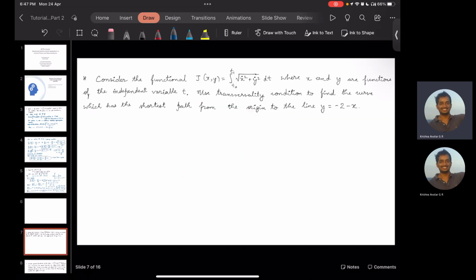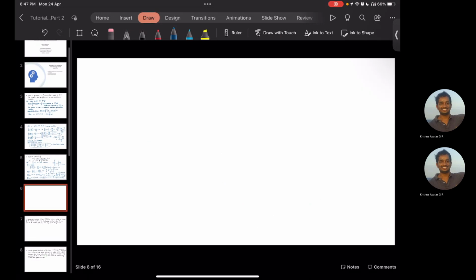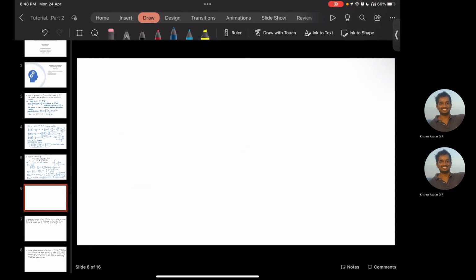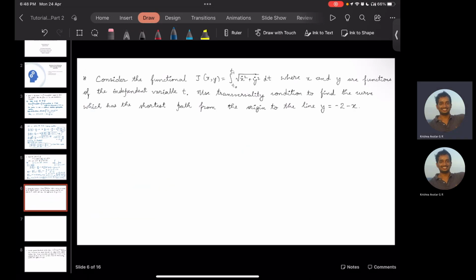Now let's go to the third problem in this sequence. The third problem is: consider the functional J of x, y is equal to the integral from t0 to t1 of root over x dot squared plus y dot squared, where x and y are functions of the independent variable t.